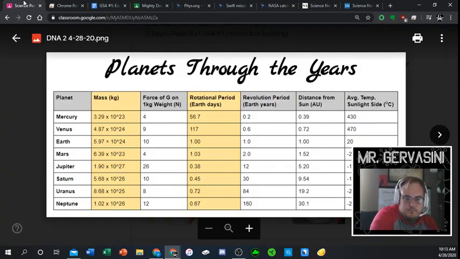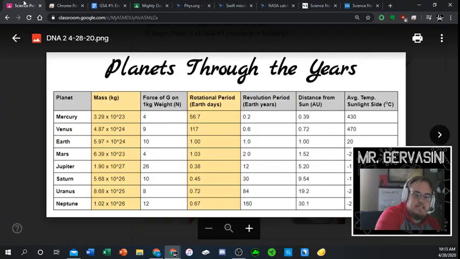After Uranus, the next shortest day is going to be Earth. After Earth, almost exactly a day though, 1.03, 3/100ths of a little extra time to rotate, is Mars. And then after that, we have Mercury and then Venus.